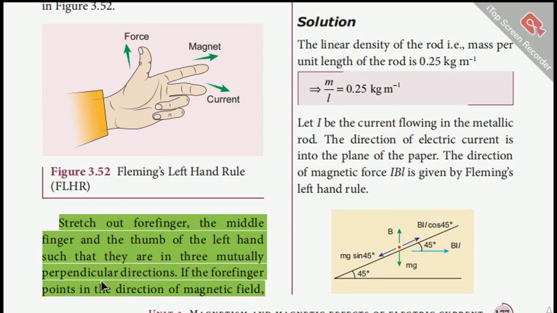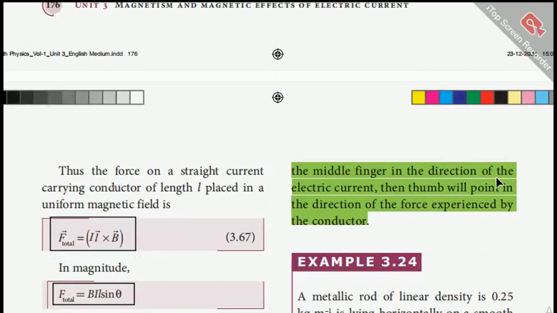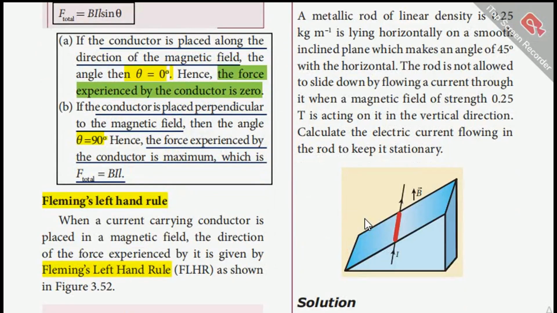If the forefinger points in the direction of the magnetic field, the middle finger in the direction of the electric current, then the thumb will point in the direction of the force experienced by the conductor placed in the magnetic field.